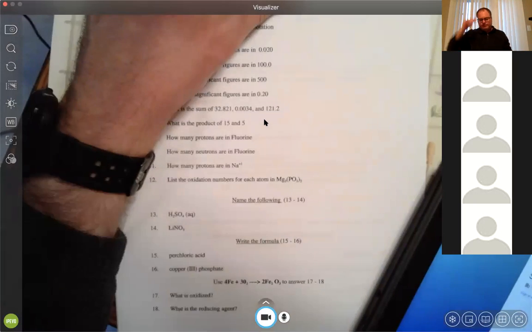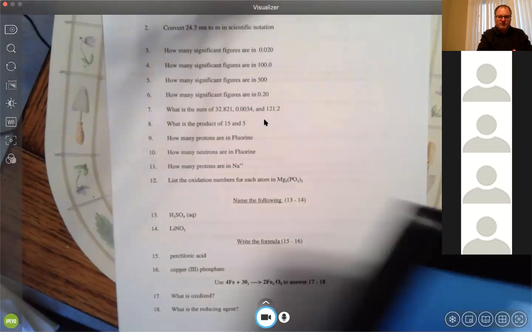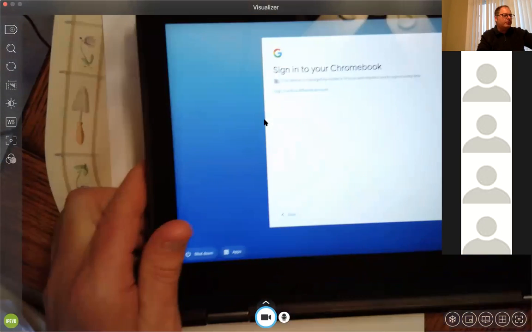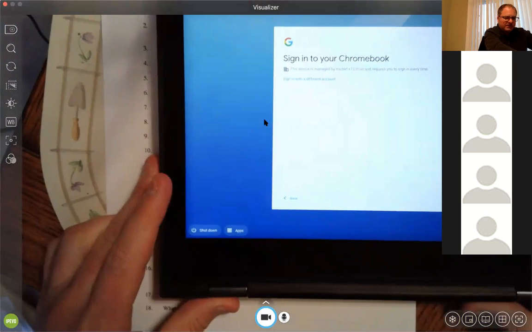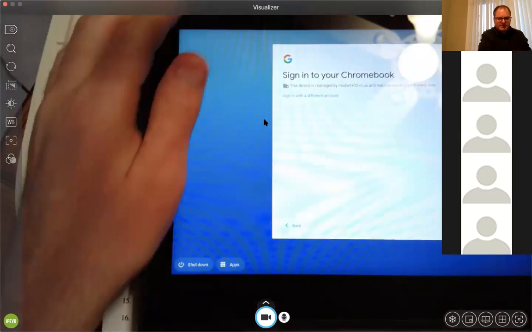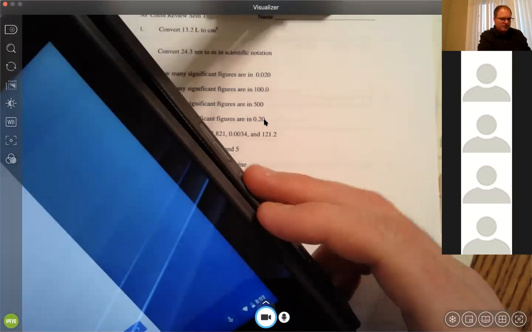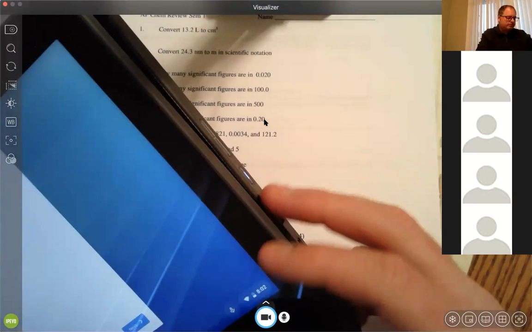So if we take a look, if you have a separate computer or whatnot, I don't know if you do, but if you have one, maybe you can pull your Chromebook out and make sure that you can get this to function. But all I've done is set up the Chromebook by pressing the button right here on the side. So this is the login screen.